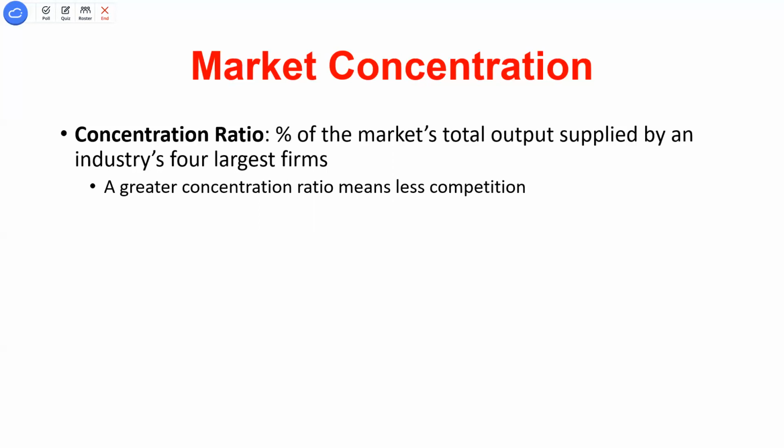Well, then I would have a concentration ratio of 100. So notice, a larger concentration ratio reflects fewer firms with more market power. In fact, what would the concentration ratio be for a monopolist?